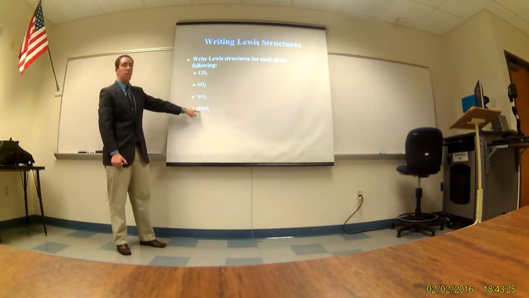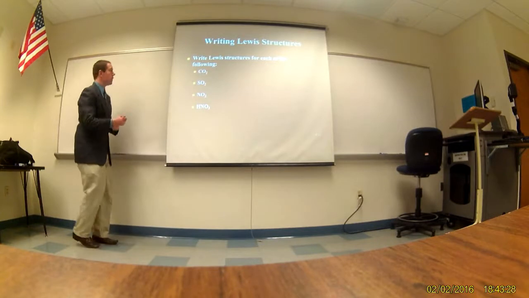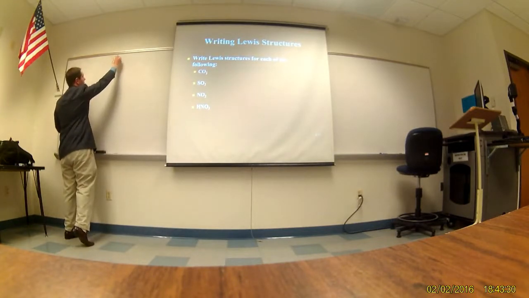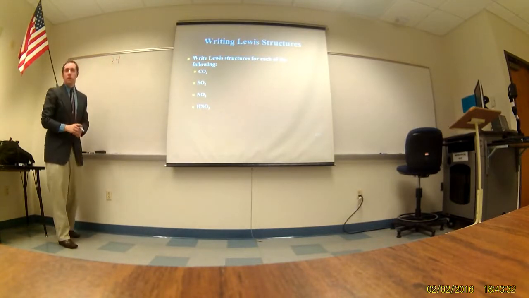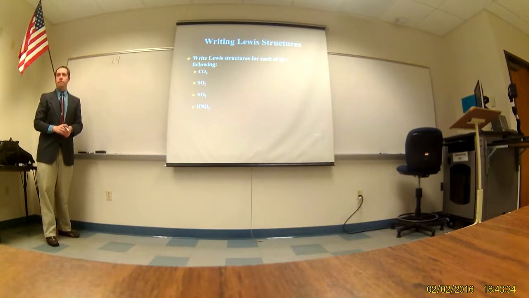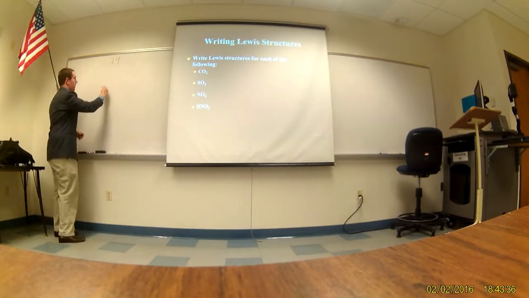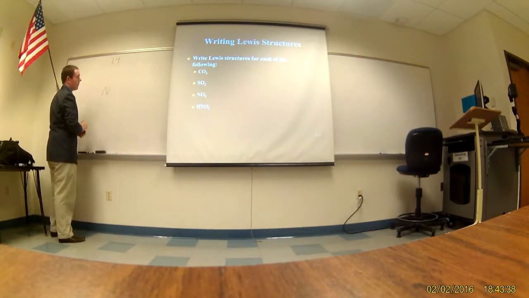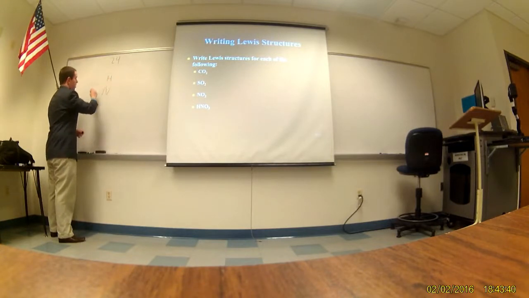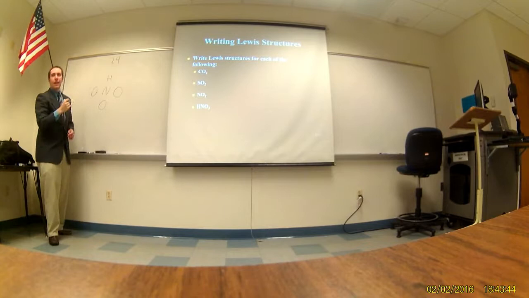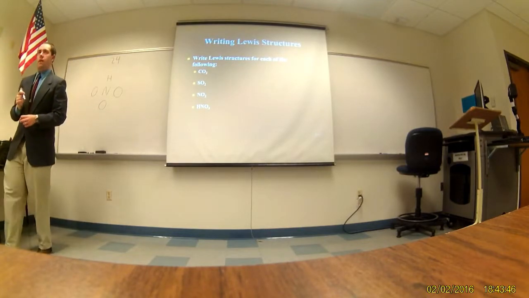Plus 1 is 24. We've got 24. What do you think the structure is going to look like here? The N in the middle, and the H, O, with 3 O's. H, O, O, O. Does anything look wrong there?